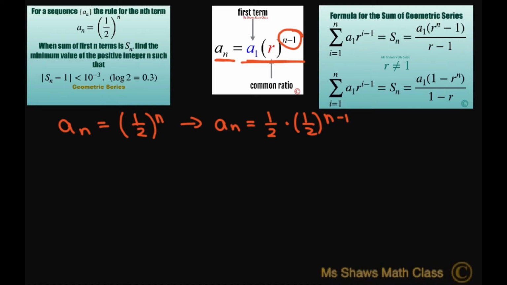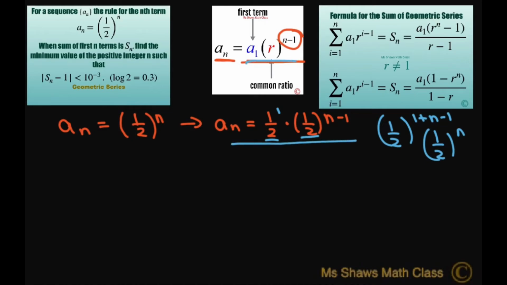Because using your properties of exponents, this would be 1/2 to the power of 1 plus n minus 1, right? And then that would just give you 1/2 to the power of n, because these are the same bases. So now that I wrote it this way, I can use this formula and find my sum.